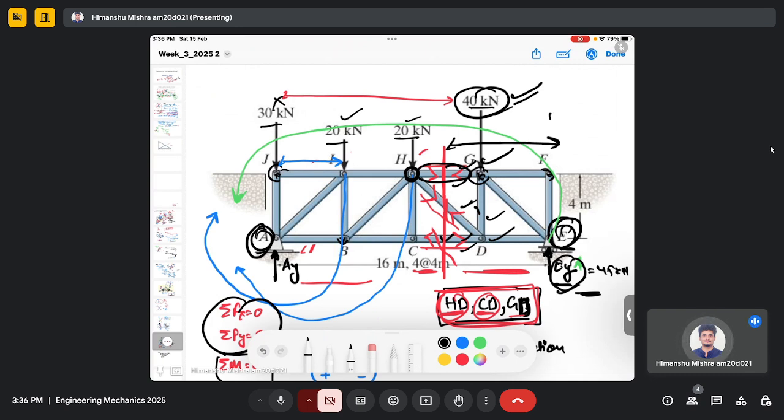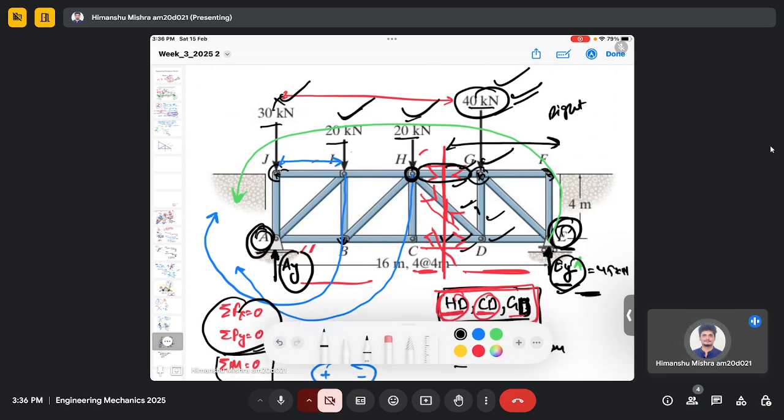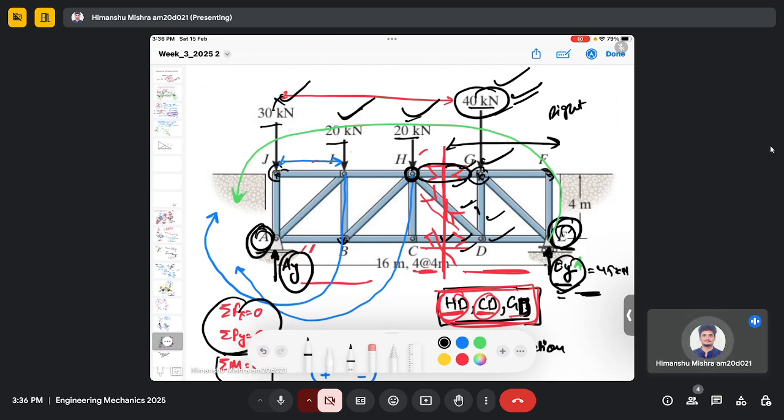So I choose the right section because in the right section I have to deal with only the 40 kilonewton external force. That's all. If I choose the left section, you can do that. It's your choice. But I would have to deal with 30 kilonewton, 20 kilonewton, this again 20 kilonewton, and then I have to find AY. Because I already found EY, I only have to worry about EY and the 40 kilonewton force.